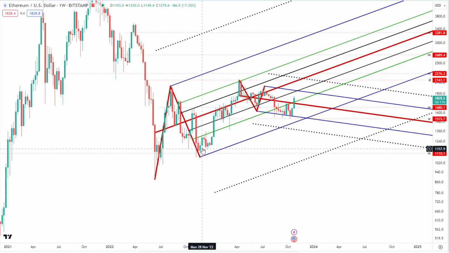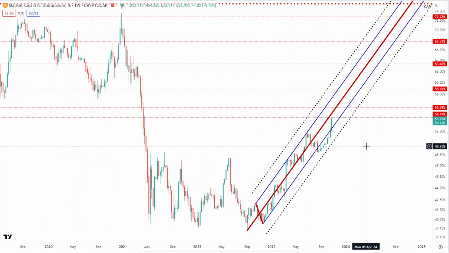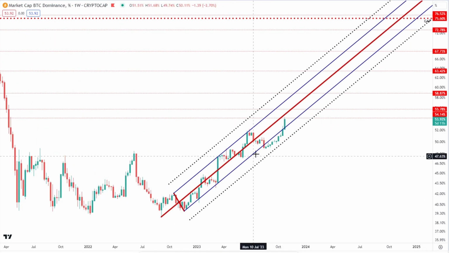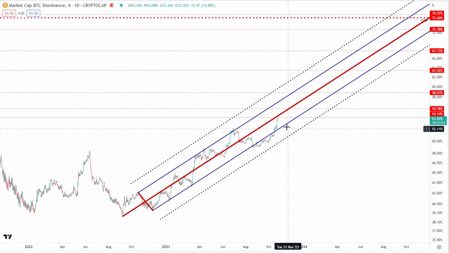Again, also on the back of an impulse, a 1, 2, 3, 4, 5 move, which is all looking good. On top of that, I said the other charts that we're going to cover, we've got Bitcoin dominance. Because of this Bitcoin dominance trending very nicely here, we are very close to our median line. In fact, let's go on the daily. I think on the daily it shows us right at the median line of this pitchfork. Now, obviously, the median line can often act as a little bit of resistance, which basically means that altcoins will have an opportunity to pop.